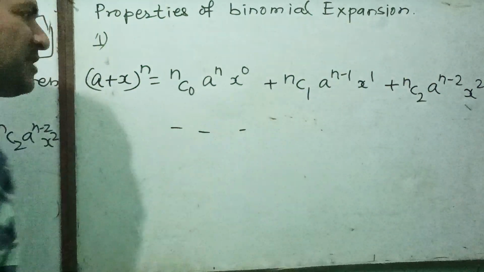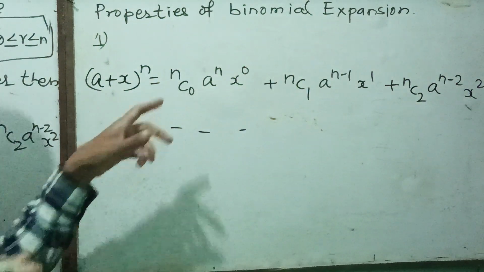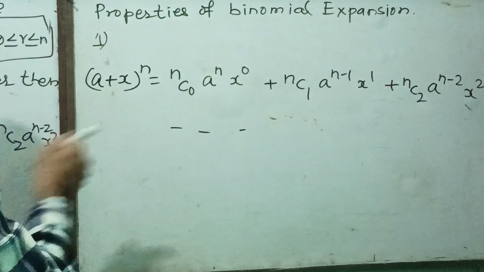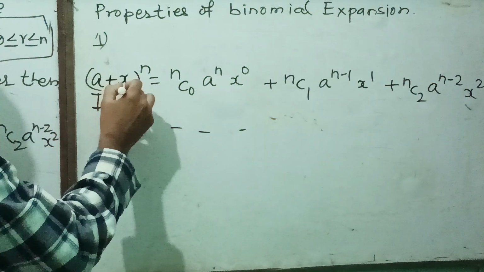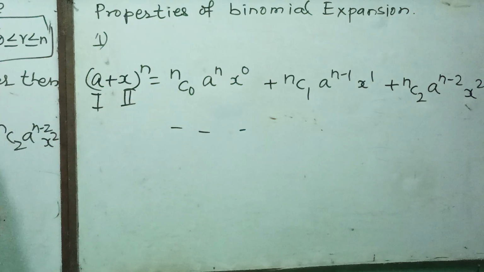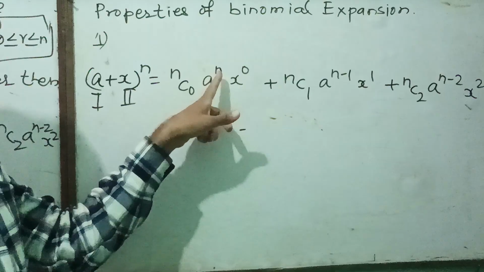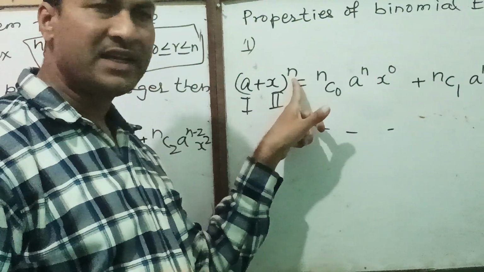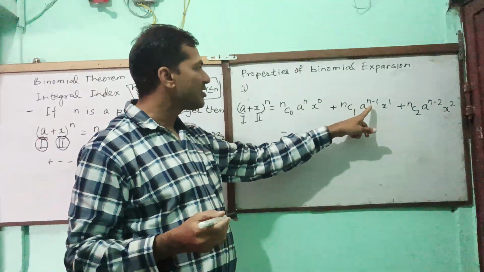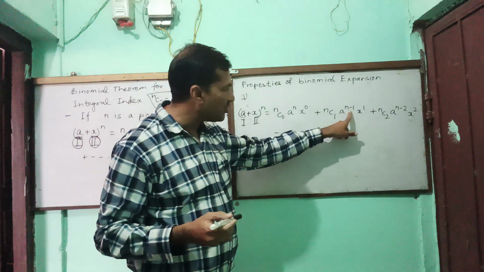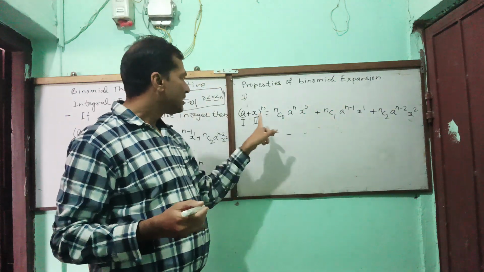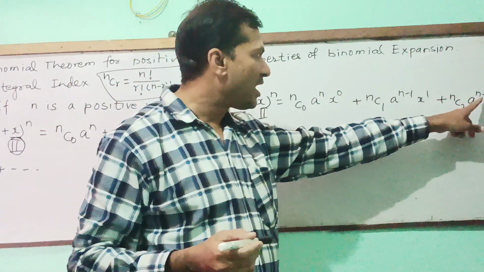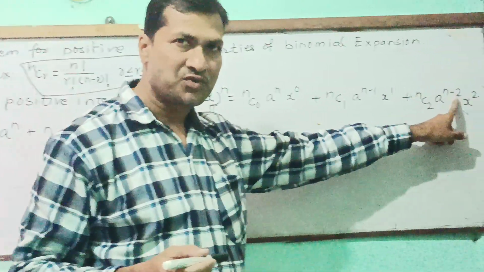And likewise, what we are observing over here: in the first term the power of a is n. Second term, the power of a decreases by 1. Then in the third term, the power of a decreases by 2.